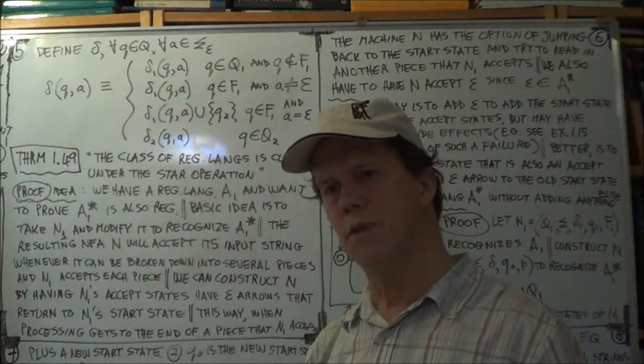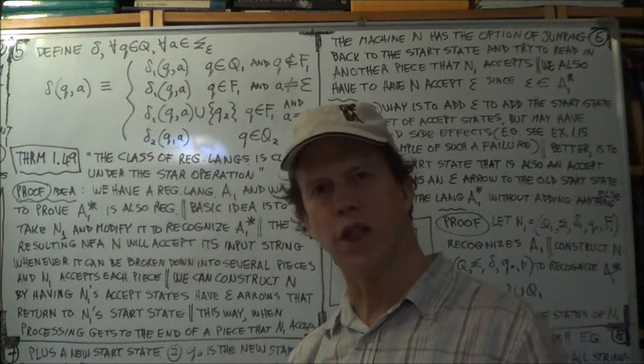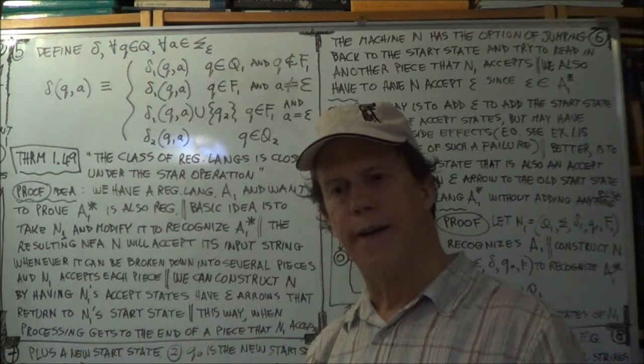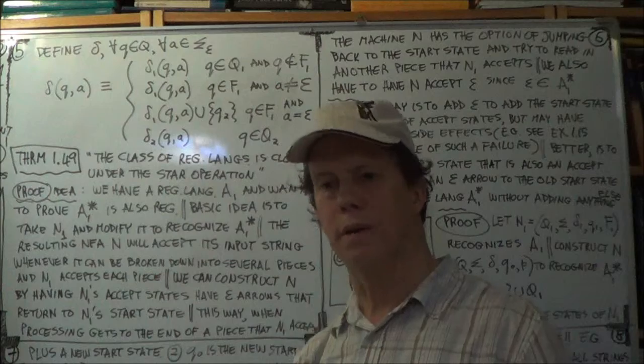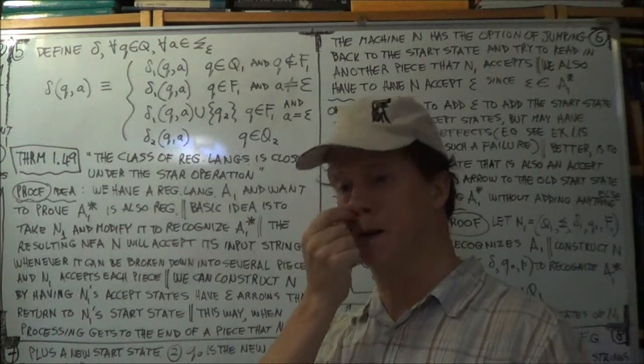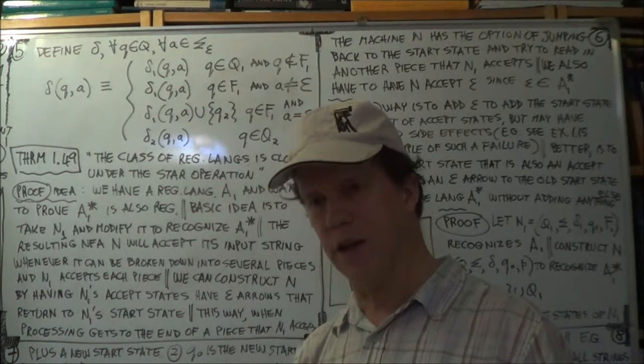So you're just going to need one machine as a part in your bigger machine. Your bigger machine, again, we'll just call it big N. And this time we only have one part. We'll call it N1, which itself is an NFA.